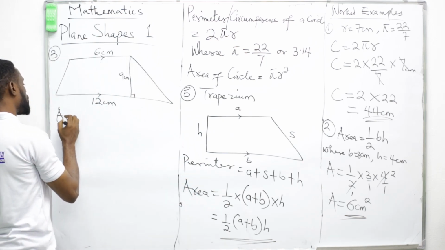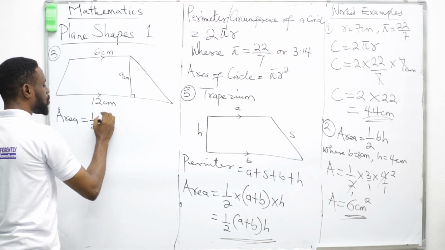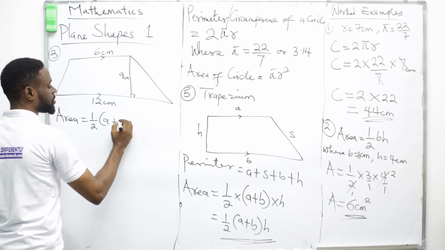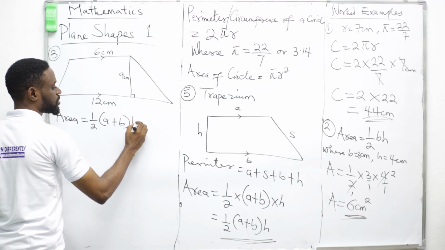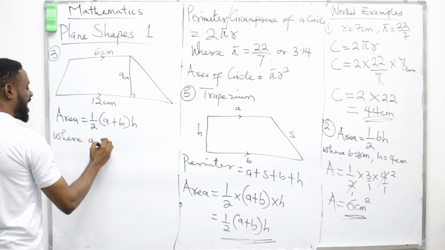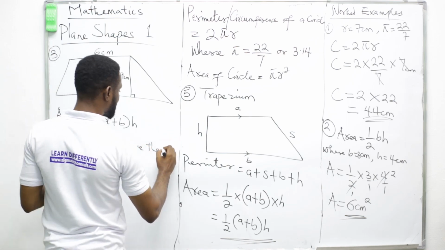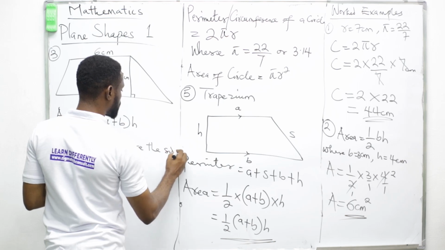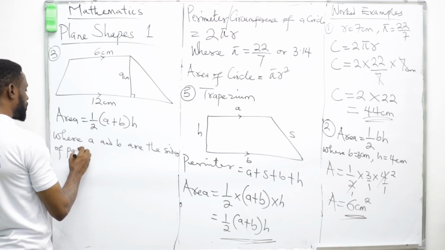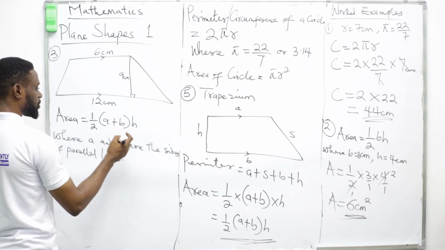So we say area of a parallelogram is equal to 1 over 2 open bracket, first side, that is A plus B, times the height, where A and B are the sides of the parallel lines, which is this and this.